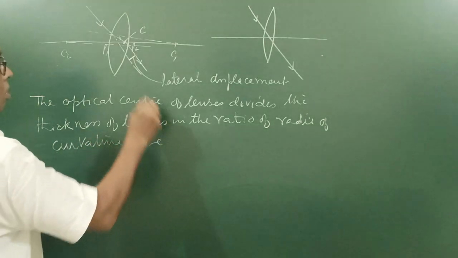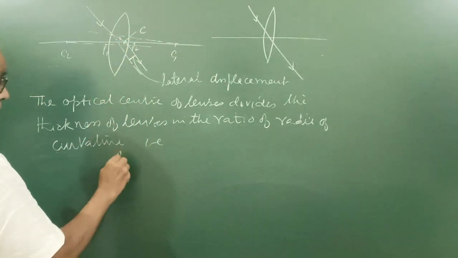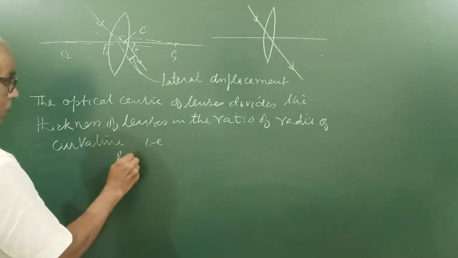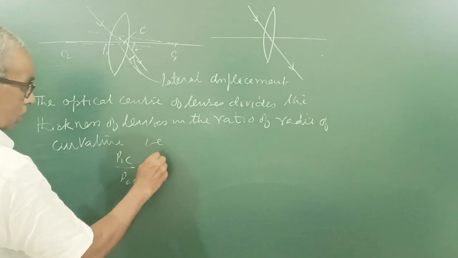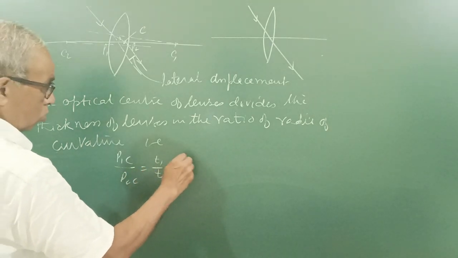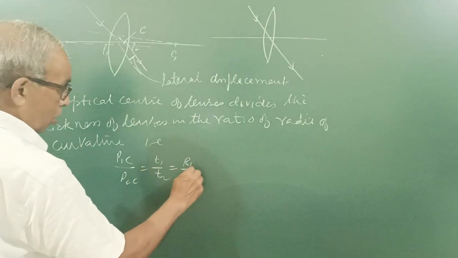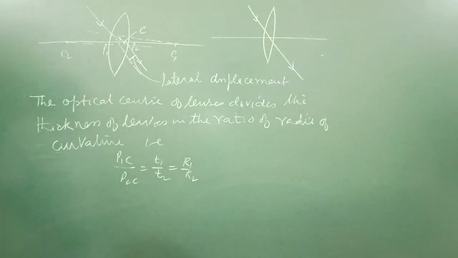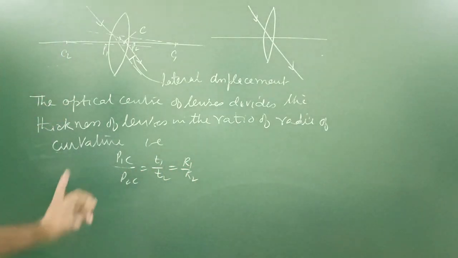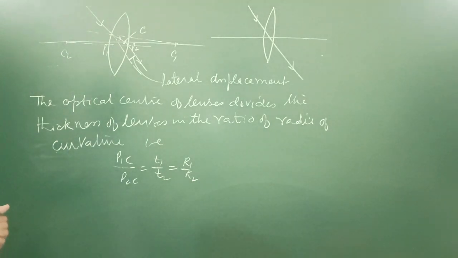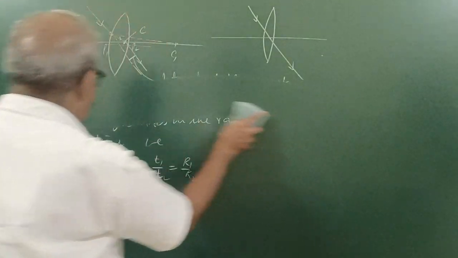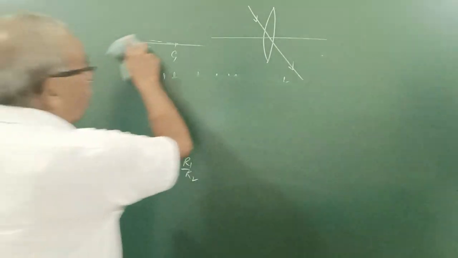That is, if P1C upon P2C, then T1 upon T2 equals R1 upon R2. If R1 and R2 are exactly equal, then only it will be the center. So the optical center of lens may lie within the lens, on the surface of lens, or outside the lens.